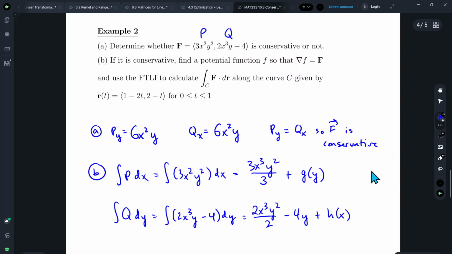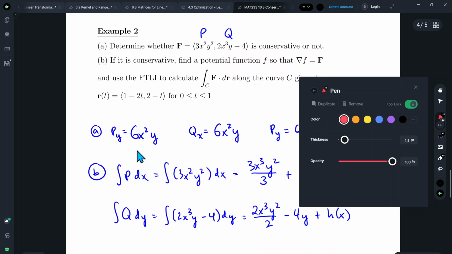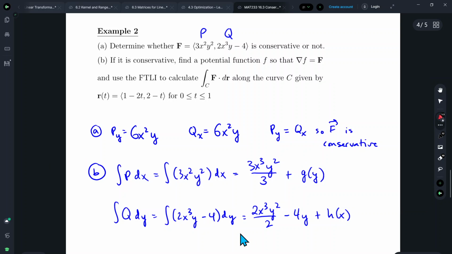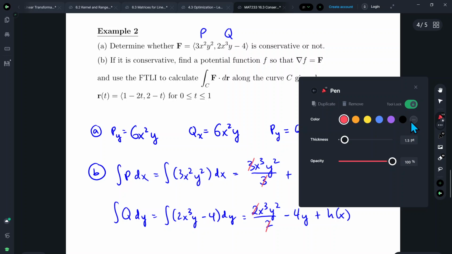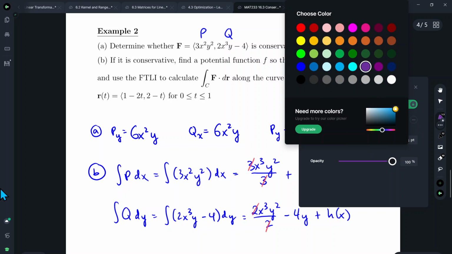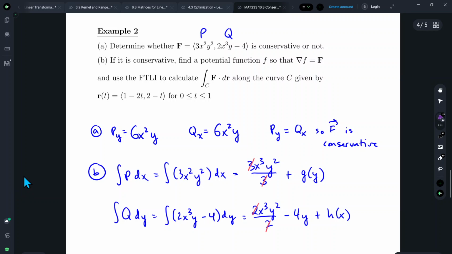Now let's compare the two results. The 3's cancel, the 2's cancel, so the x cubed y squared is the same for both. This term here is my g of y, and there's no other term here, so that means h of x has to be equal to 0.